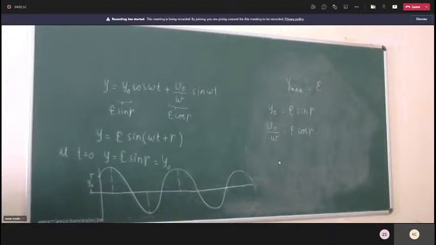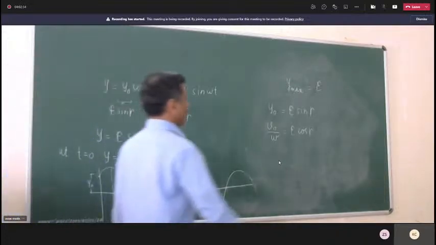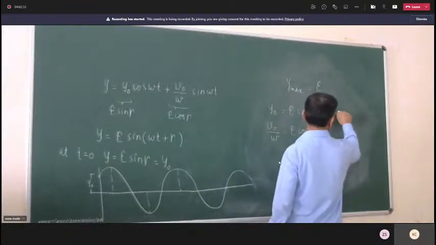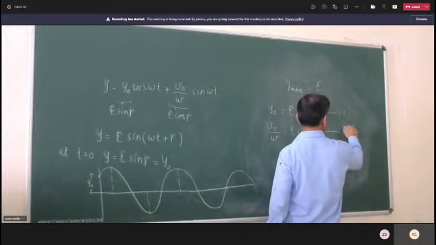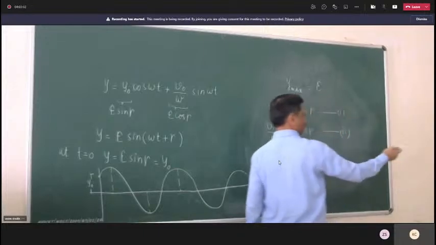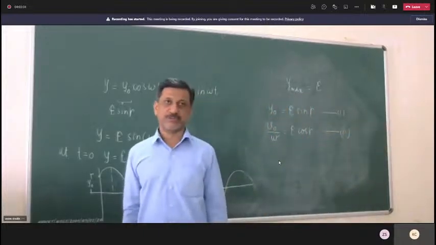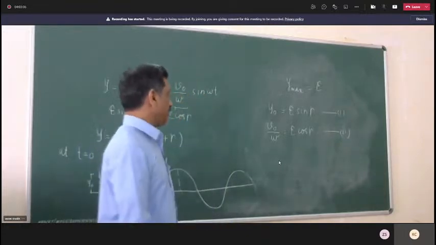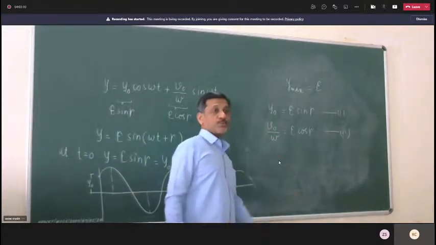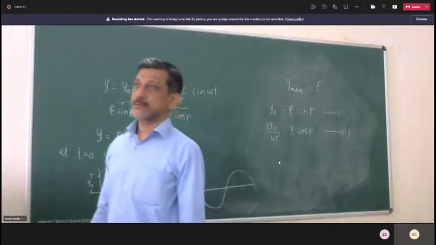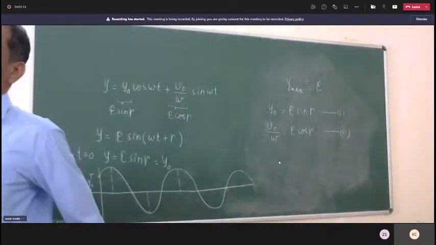If you want to find E, I'll call this equation 1, small 1, and this equation small 2, because in that problem we might have used some other equation numbers. Squaring and adding equations 1 and 2.